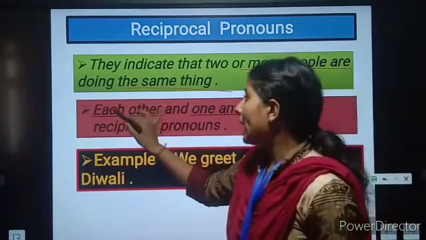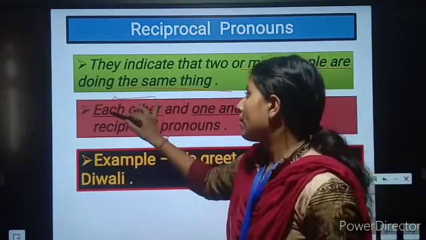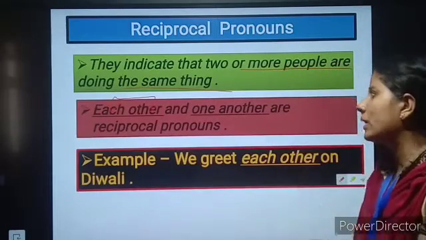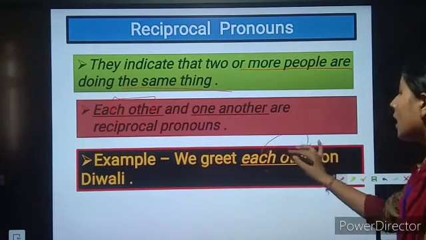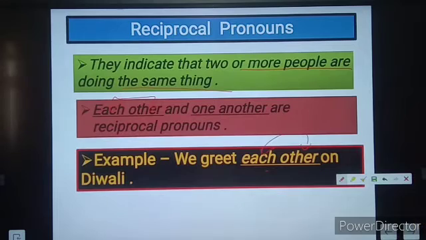So they are made up of two words, combining two words. Clear? Each other, one another. Okay, we greet each other on Diwali, right? So they are indicating that both of the persons are doing some work.